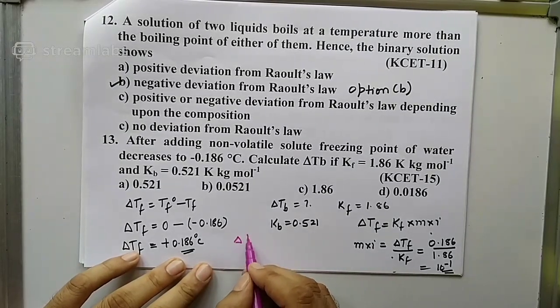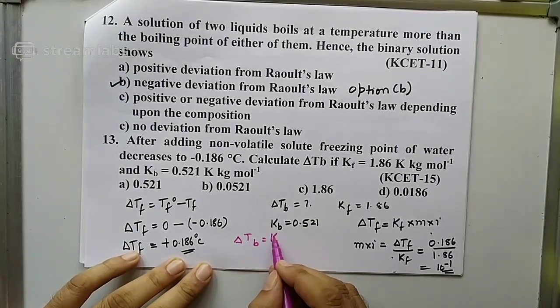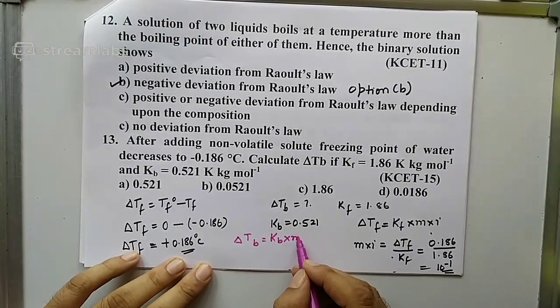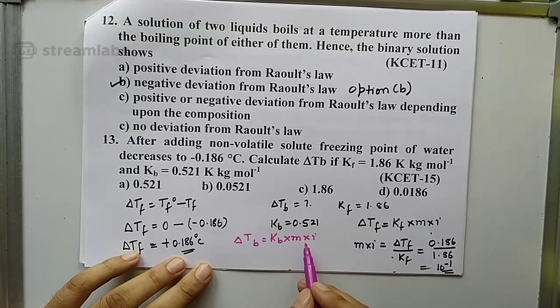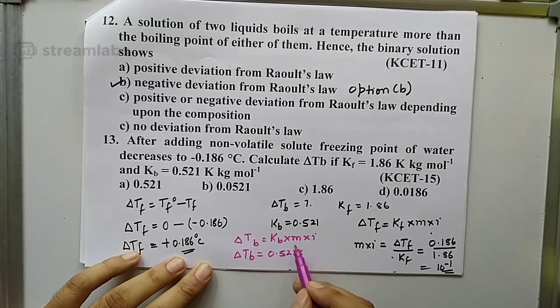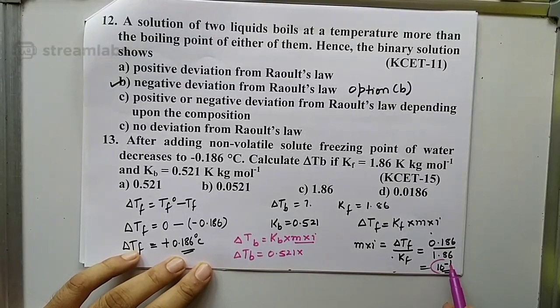Now, once I get the value of M into I, I can use this formula. Delta TB should be equal to KB multiplied by M into I. Since the same solute is being used, I know what M into I is, so we can definitely calculate delta TB. Delta TB will be equal to KB value, given as 0.521, multiplied by M into I, which is 10 to the power of minus 1.